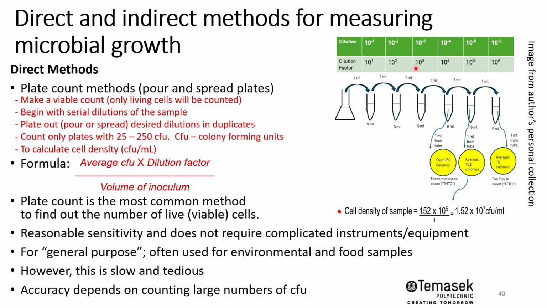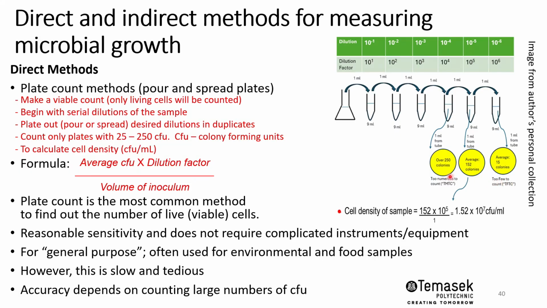Then if you isolate from the individual dilution tubes using either a pour plate or a spread plate method, after incubation you will be able to identify and observe colonies growing on them. So remember the magic number that we talked about in the early part of our video.